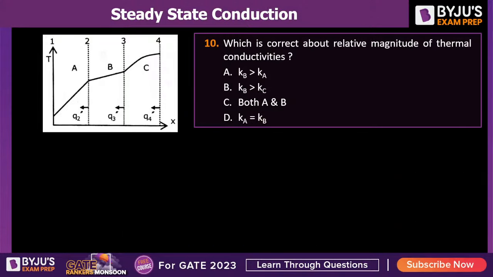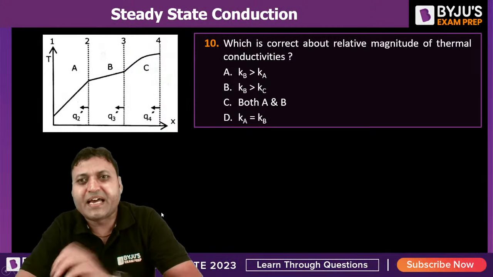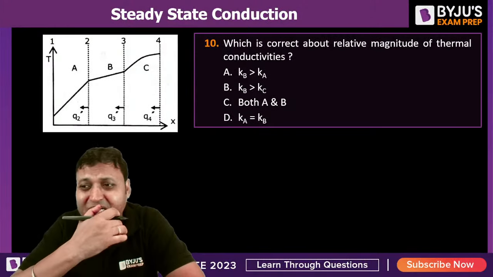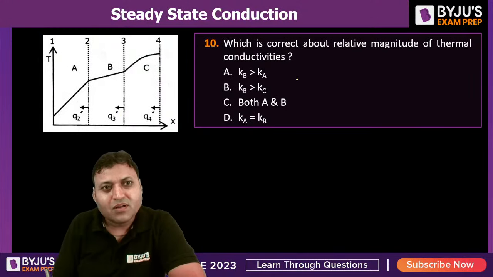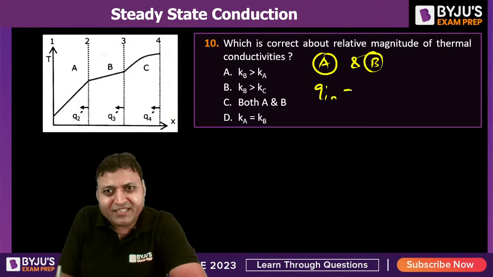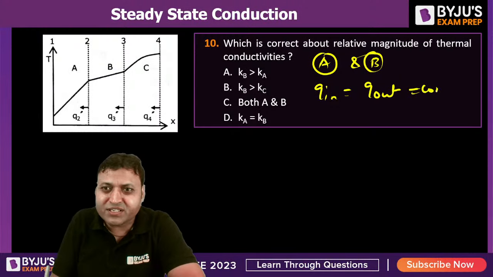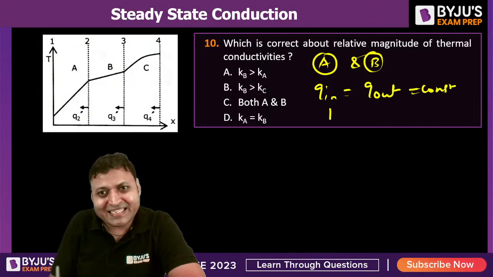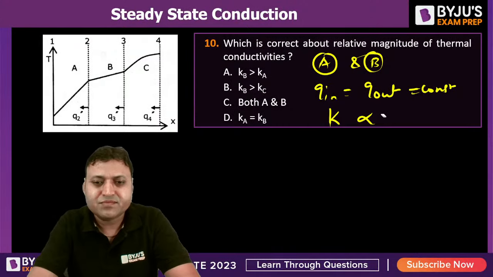The next part of the question, which is correct about the relative magnitude of thermal conductivities. For material A and B, Q is constant. For A and B, Q in is equal to Q out. That remains constant. So we can say thermal conductivity is inversely proportional to dt by dx, isn't it?